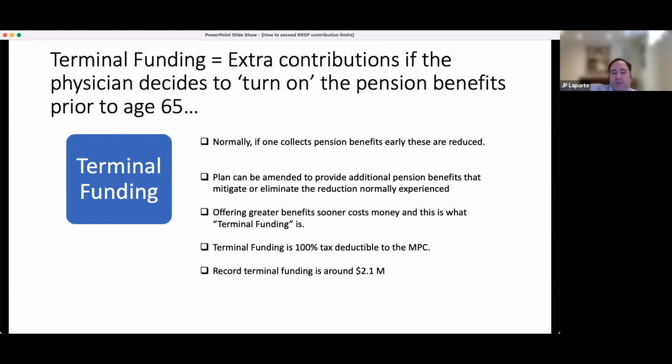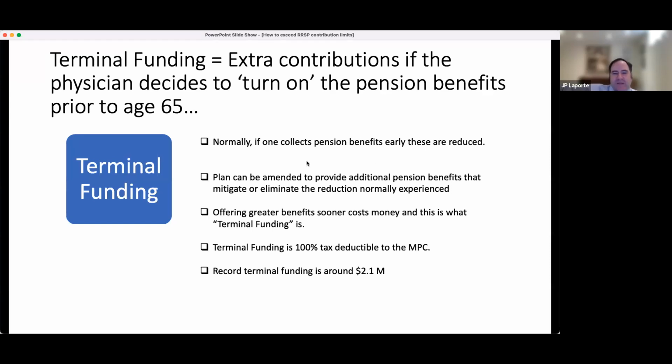So when the medical corporation contributes, it's 100% tax deduction. And the beautiful thing about terminal funding is that the amounts in play can be very large. So our record is a terminal funding of $2.1 million. So imagine not paying tax on $2.1 million and instead redirecting that money into your own pocket, into your own pension plan.